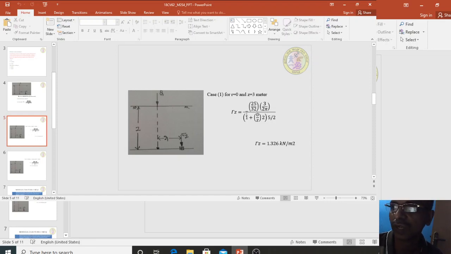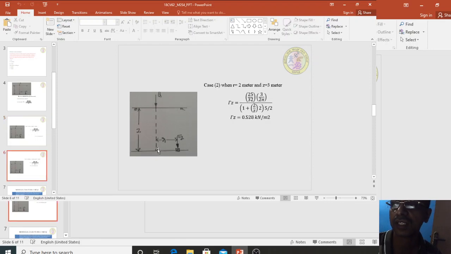If you work this out, it will be 1.326 kilonewton per meter square. So your sigma z value is 1.326 kilonewton per meter square, the stress at this point because of the load of 25 kilonewton.